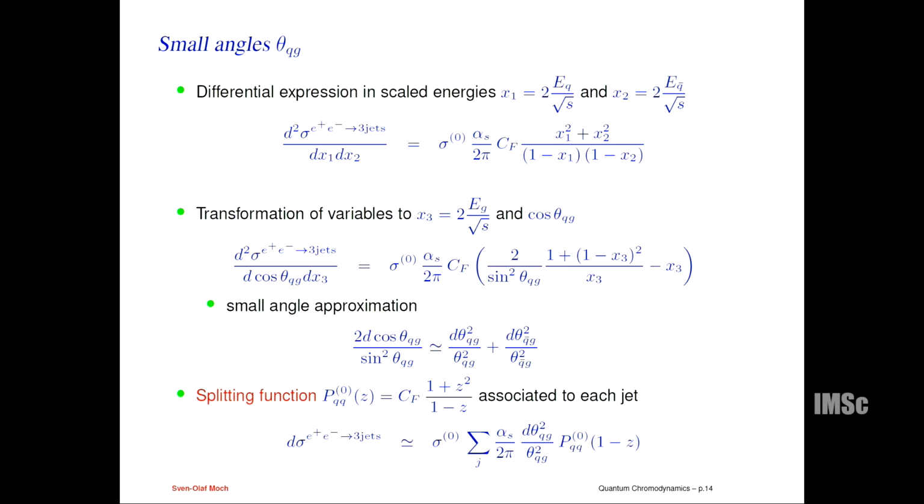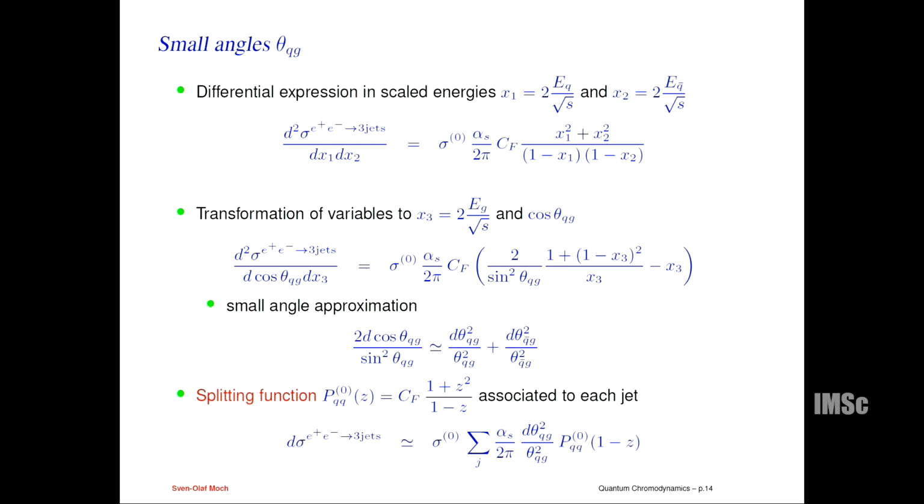then we can rewrite this again in terms of different variables. Instead of taking the rescaled quark and anti-quark energies, we can rewrite it in terms of the gluon energy and the cosine of the quark and the gluon emission angle.